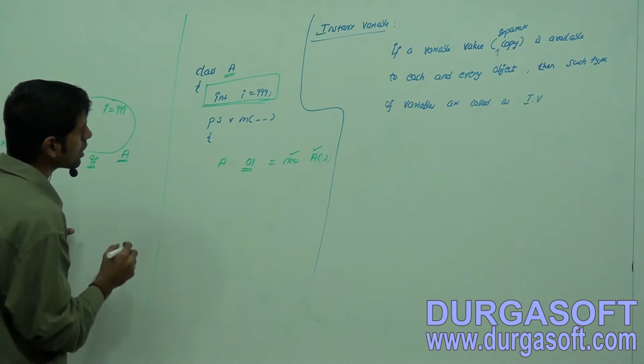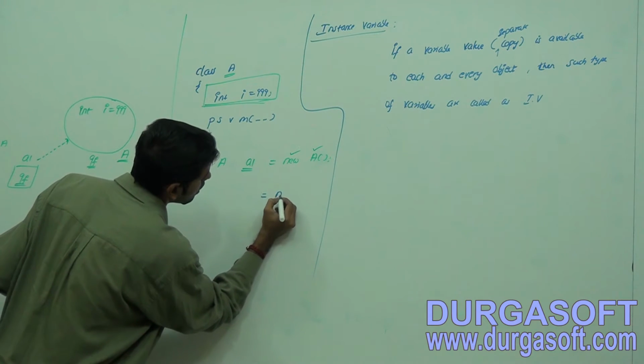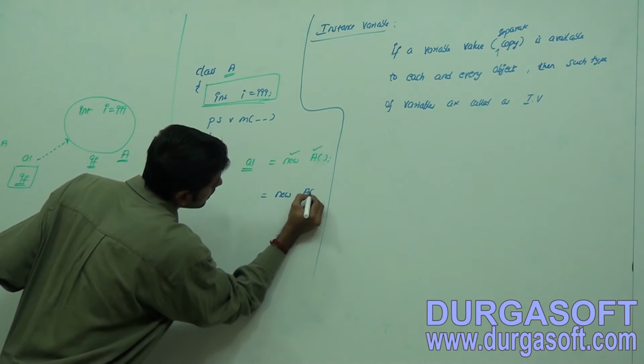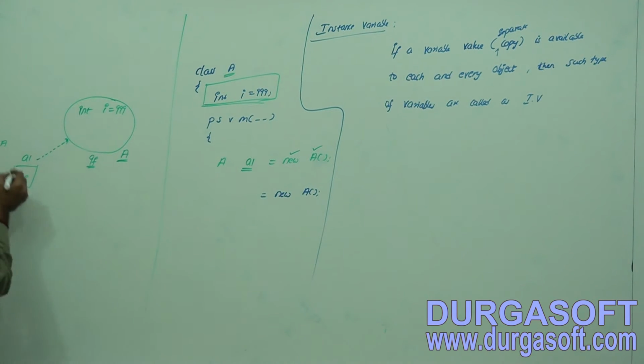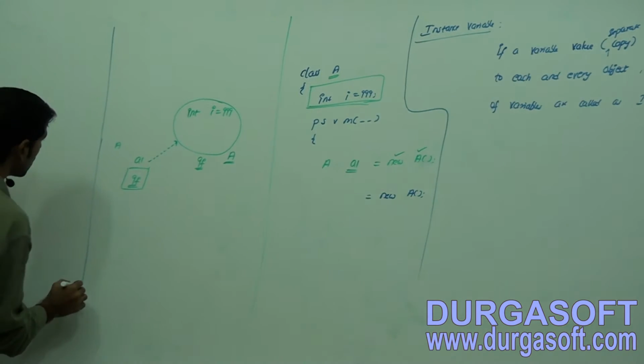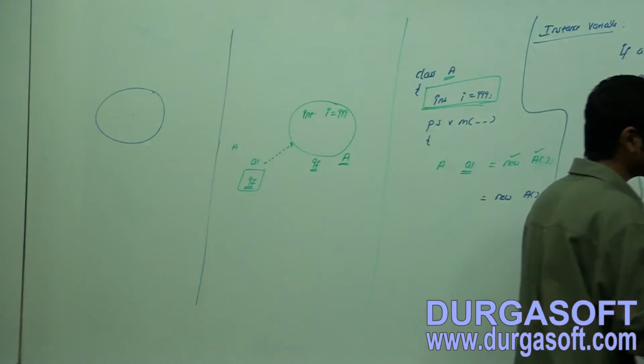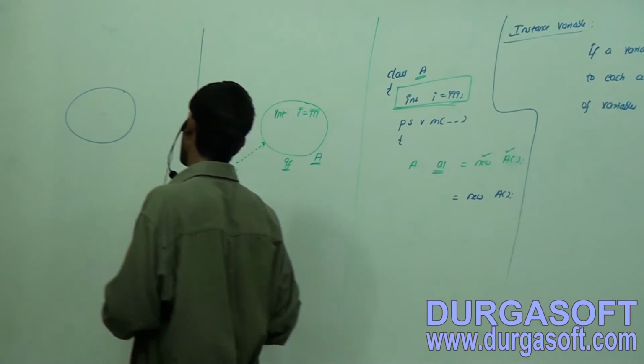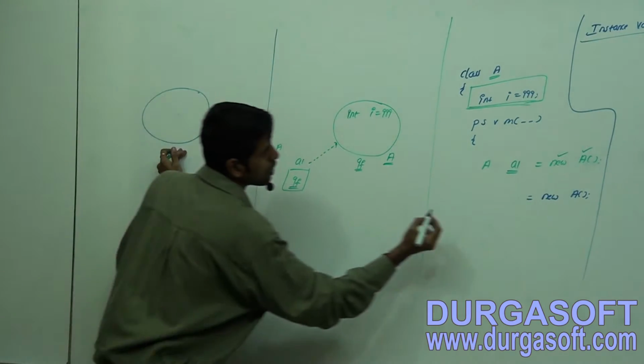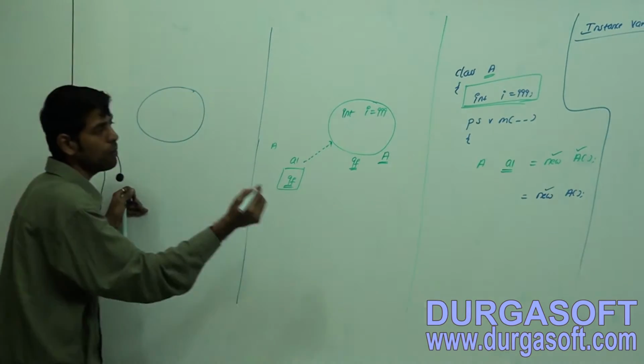Now observe here, now I am going to create one more instance, new A constructor. Because of that, what is going to happen at memory? There will be memory allocation because of the new keyword.